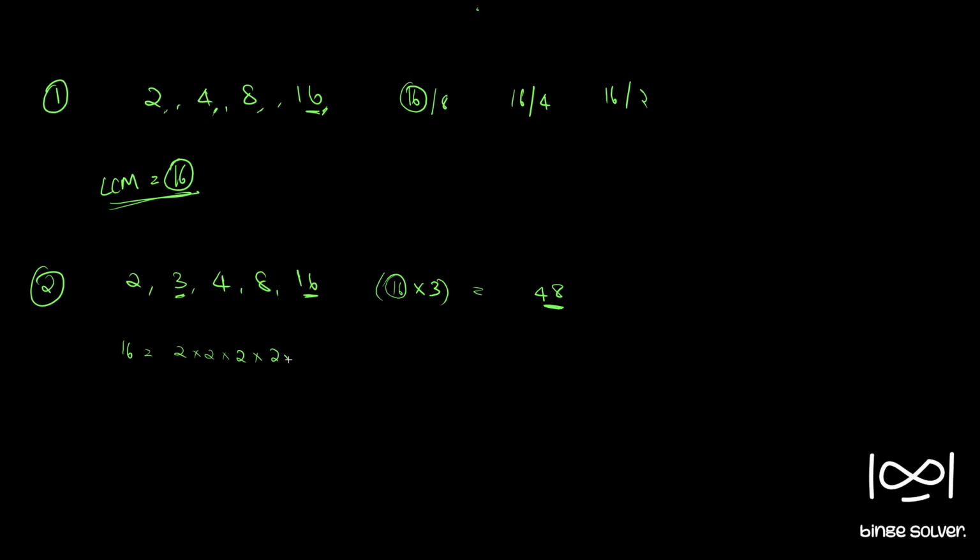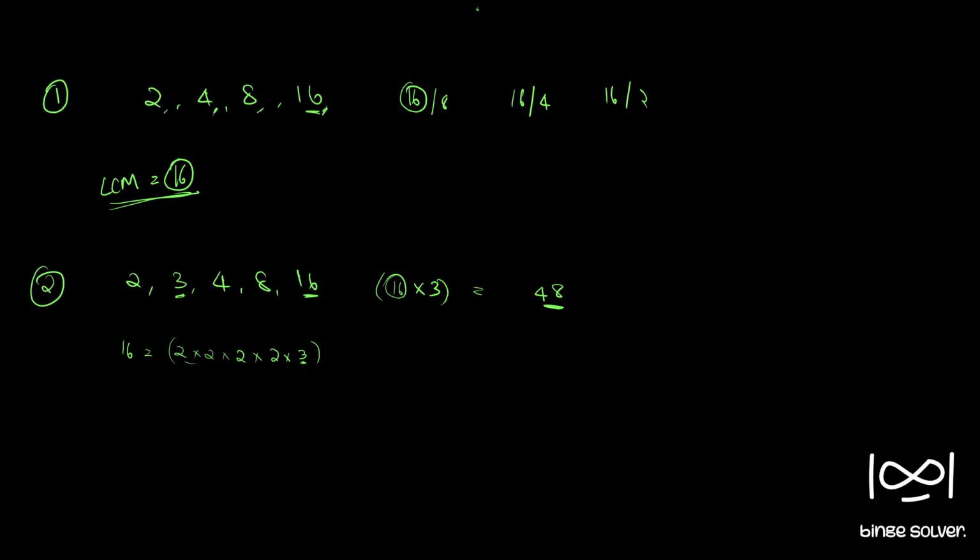So if you add one more 3 to this number, we get a number that each number divides, and that will be the smallest. Including 3 and a number that divides with 16, this is the smallest number one can come up with. So that's how we get 16 into 3 as the LCM.